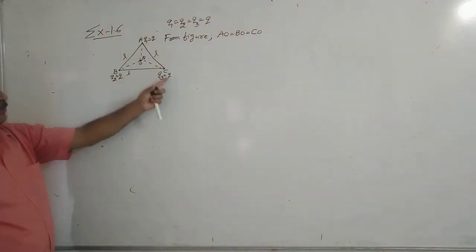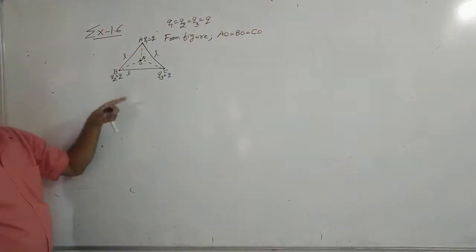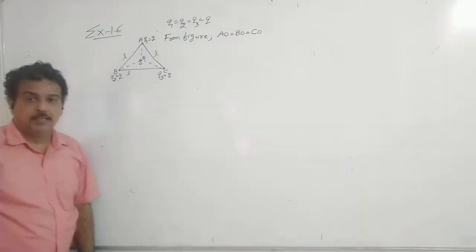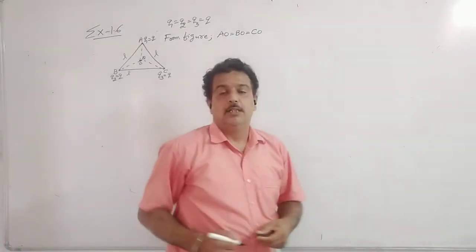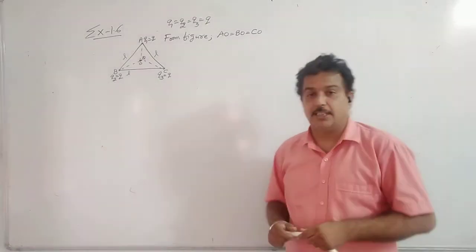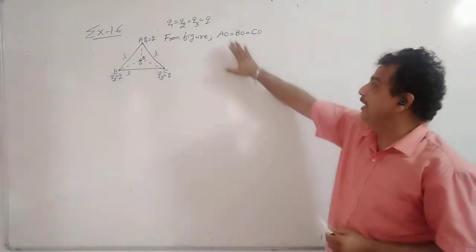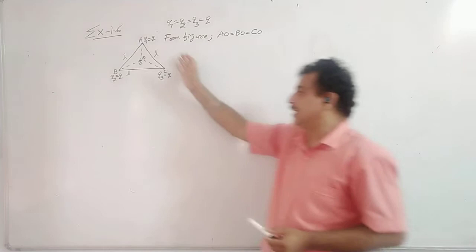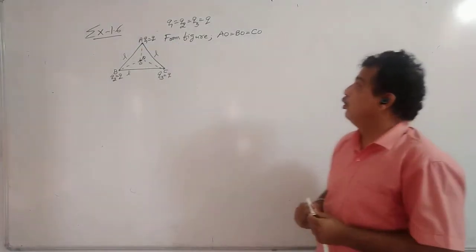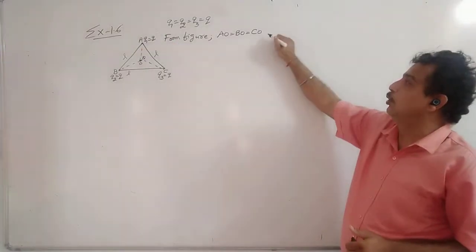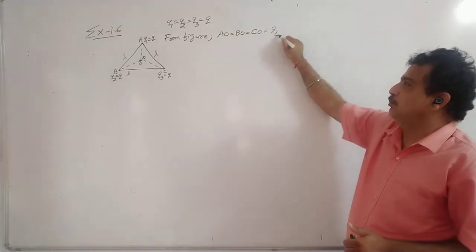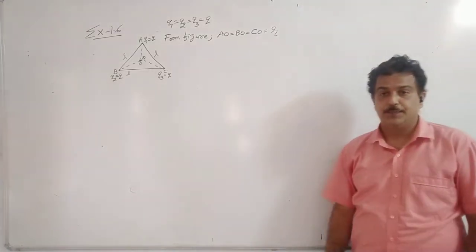I am referring to small q as the source charge and capital Q as the test charge. While applying Coulomb's law, we need the distance between test and source charge. So the distance will be AO, BO, CO. Since the triangle is equilateral, AO equals BO equals CO, and let us denote this by small r.